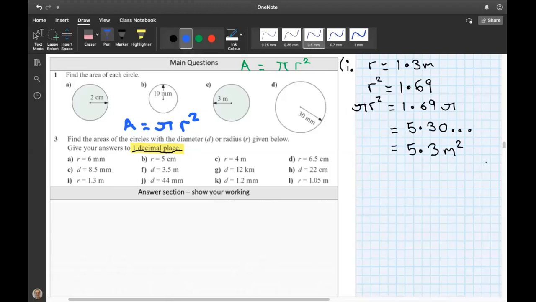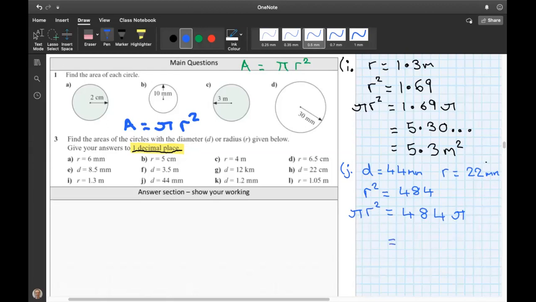Okay, on to the next one. We're now on question J, 3J. This time we've been given a diameter. So if our diameter is 44 millimeters, our radius is going to be half that, 22. We now are ready to square our radius. So 22 squared, we get 484. So pi r squared is going to be 484 pi.